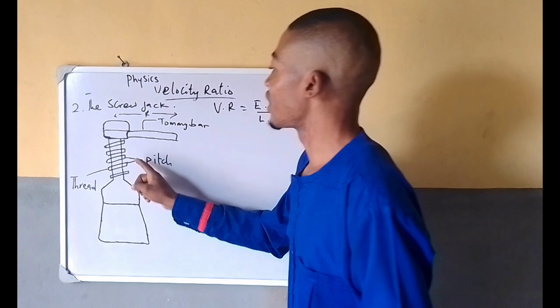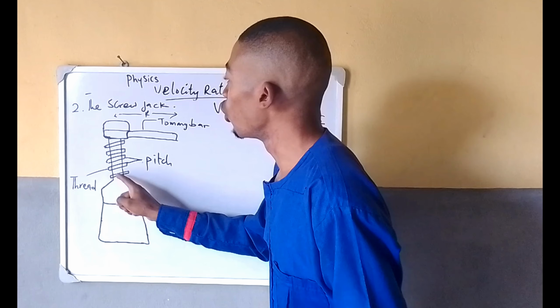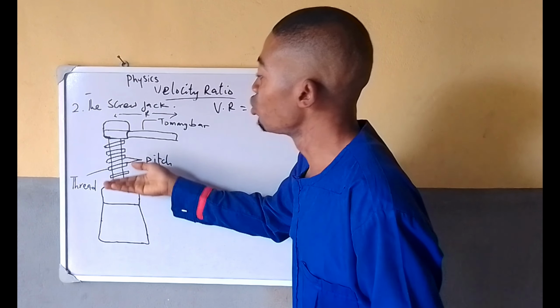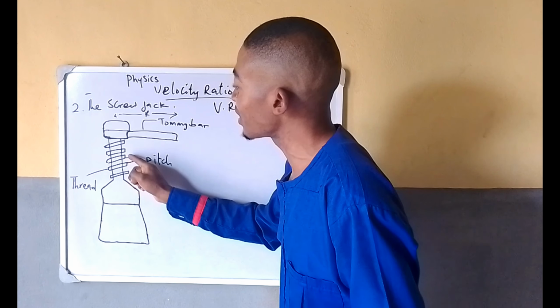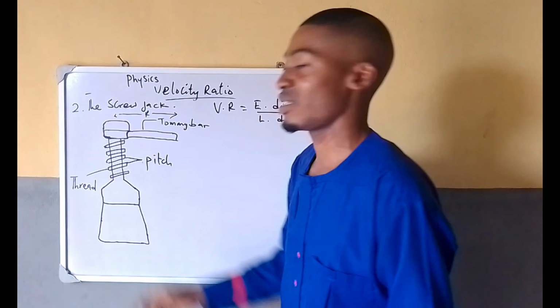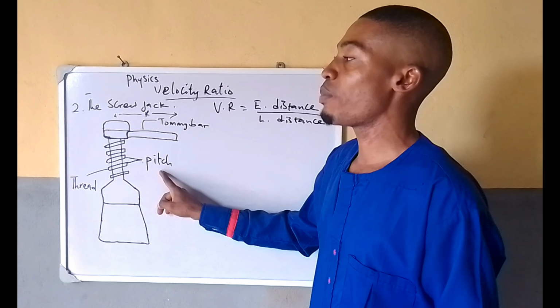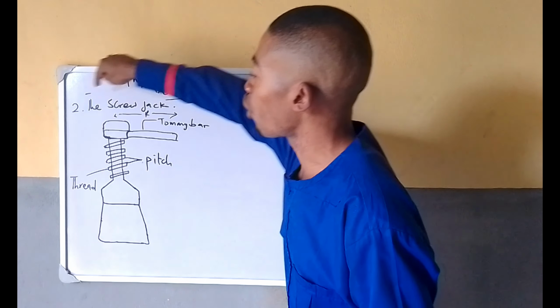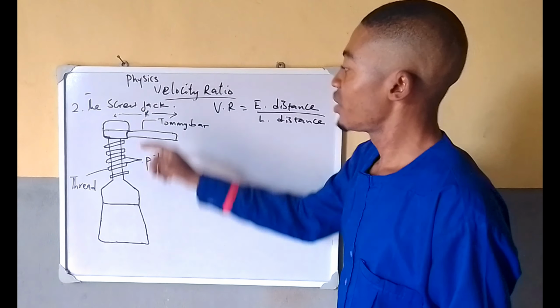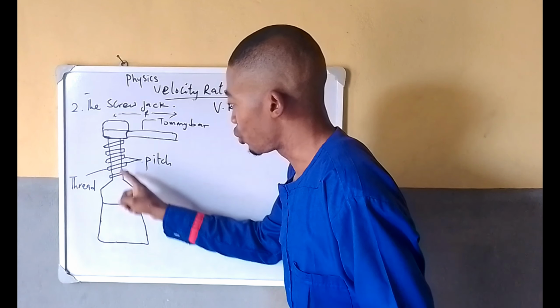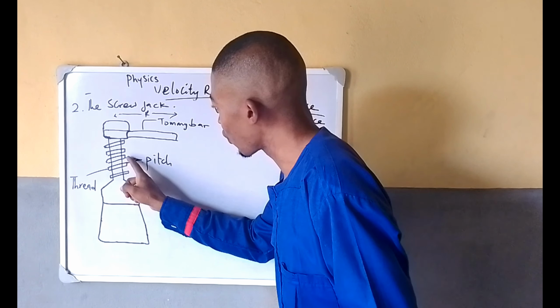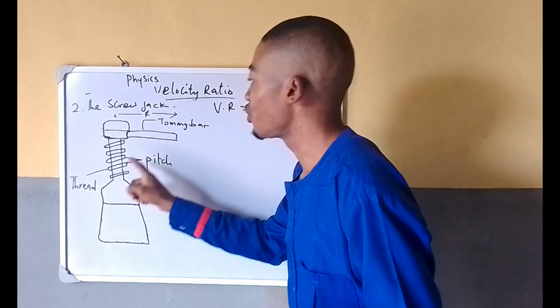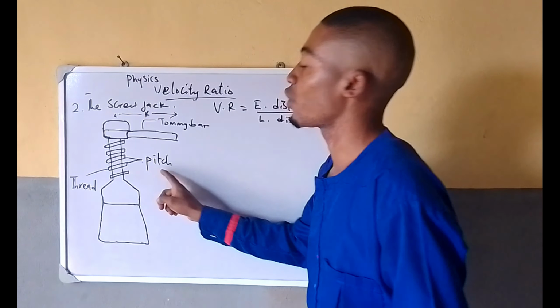So it now implies that the load that you are trying to lift has moved a distance that is equal to the distance between two threads, which is called 1 pitch. So by the time this tommy bar turns through one cycle, the load must have moved a distance equal to the distance between two threads, which is equal to 1 pitch.